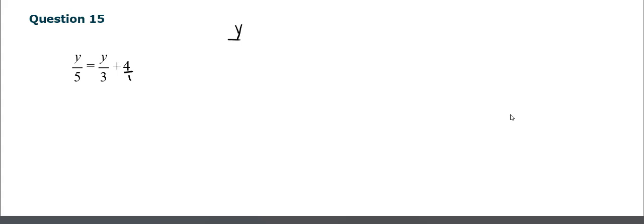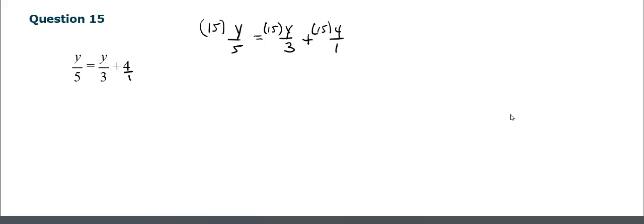So I'm just going to rewrite the problem. And I'm going to multiply each numerator by my common denominator, in this case 15.